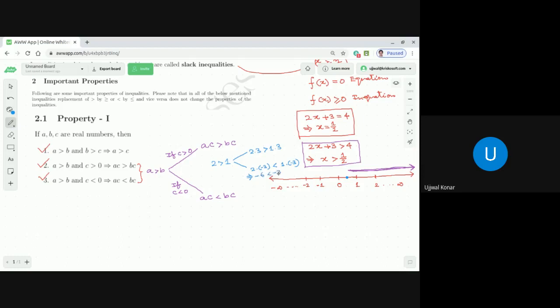You will get minus 3 is right of minus 6. Correct, no? Hence, minus 3 is greater than minus 6. So the sign of inequality gets changed, no? Yes. Very basic, but very important. And how important it is, you will notice after a few minutes.